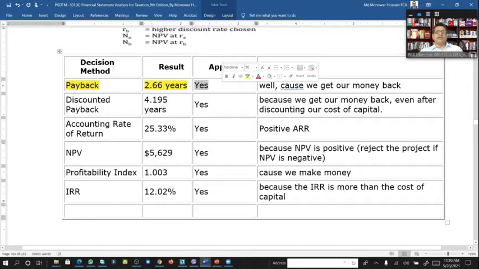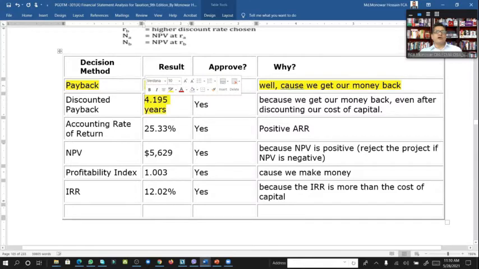You will take the project just by taking the payback period, because we get our money back within 2.66 years. The discounted payback period result, as per the question, is 4.195 years. It would also be approved because we will get back the money before the life of the project.